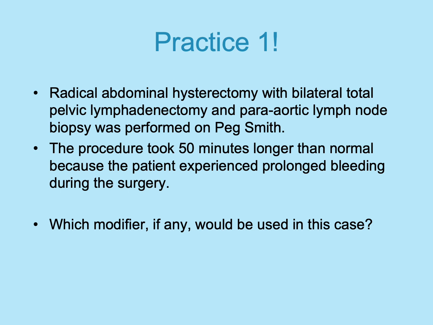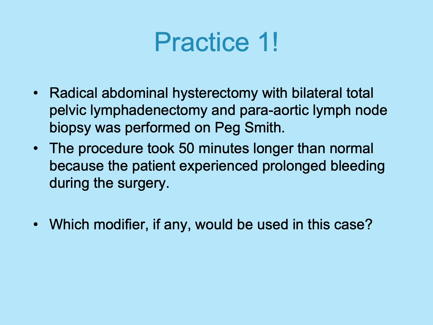Okay, so here is a practice. Let me read this, pause the video for a second, see if you can figure out. I'm not asking for the code, I'm just asking which modifier, if any. So radical abdominal hysterectomy with bilateral total pelvic lymphadenectomy and para-aortic lymph node biopsy was performed on Peg Smith. The procedure took 50 minutes longer than normal because the patient experienced prolonged bleeding during the surgery.